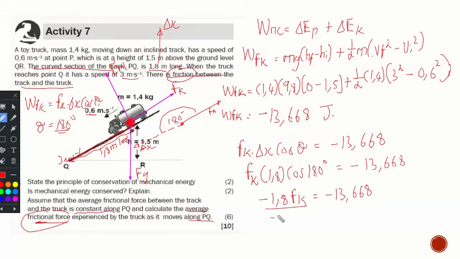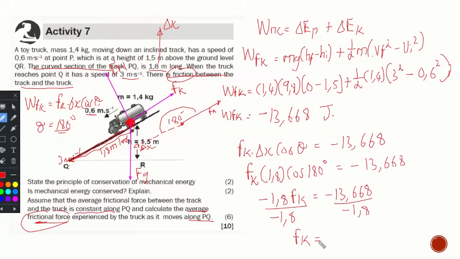If we divide both sides by negative 1.8, then we are going to have our magnitude for Fk. Right. So note how we calculate that. First is to calculate the work done by Fk. Then it's breaking down the formula according to the work formula, and then simply calculating our magnitude as simple as that.